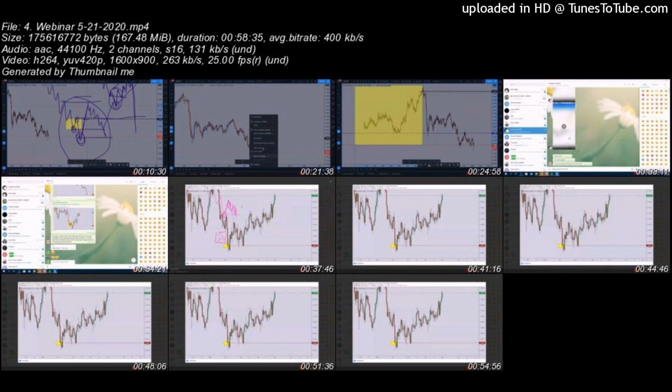So what would tell us that this trend has shifted from being an uptrend to being a downtrend? The only thing that would confirm that is if we get a full closing below the previous higher high and higher low.